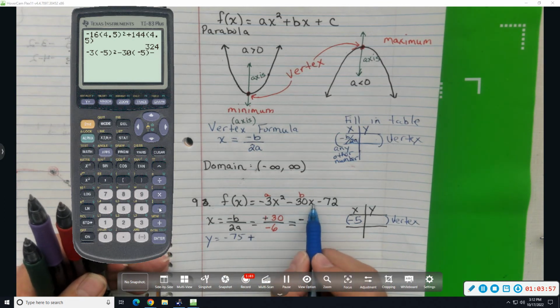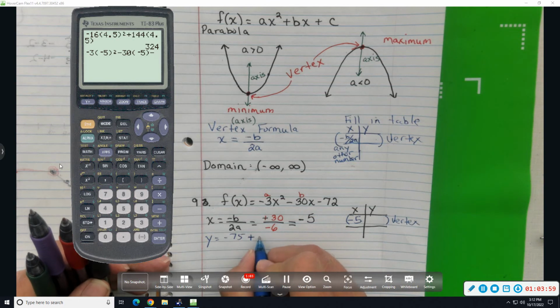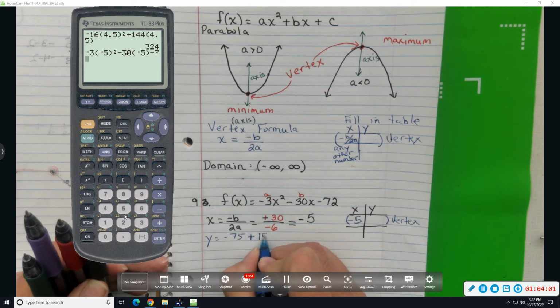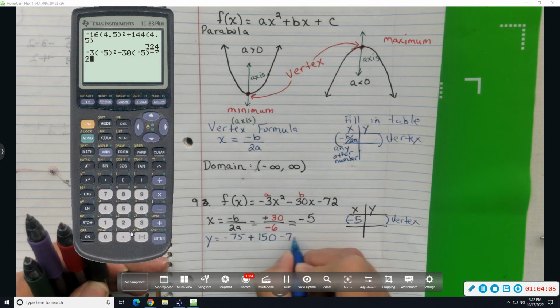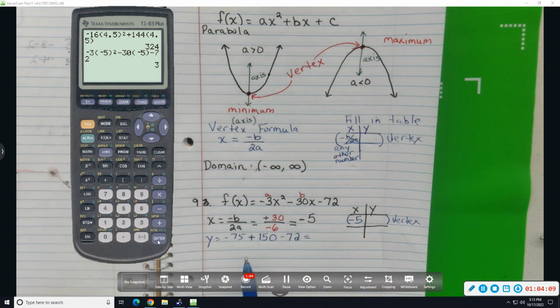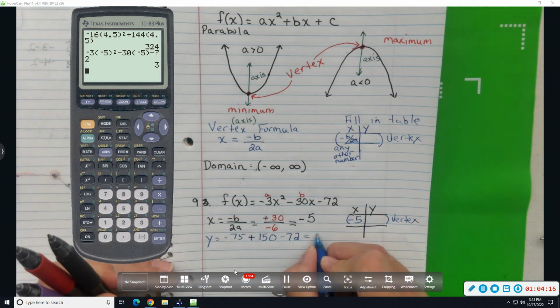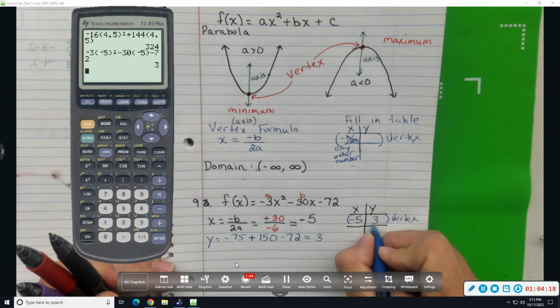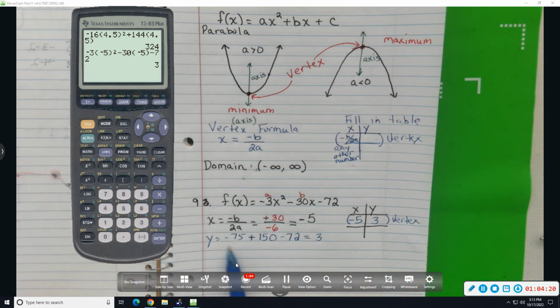Negative 30 times, oh, you're punching it in, well, I think it's going to be a positive 150. Mm-hmm. And then a minus 72. What's that going to turn out to be? It's a negative 3. Yeah, it's a negative 147 plus 150, so 150 minus 147.